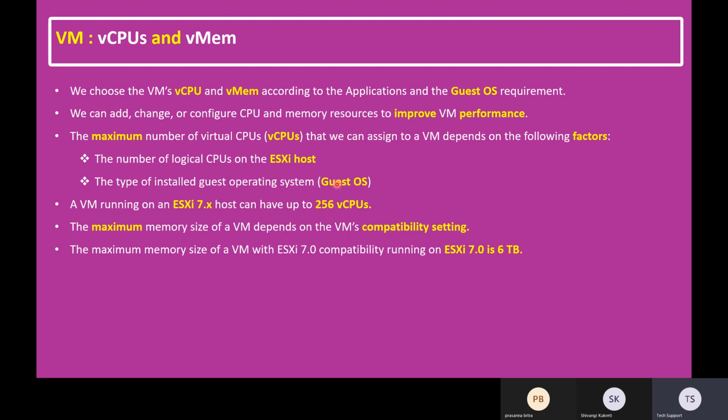A virtual machine running on an ESXi 7.x host, where x means update 1, update 2, update 3, can have up to 256 virtual CPUs, as per the configuration maximums. The maximum memory size depends on the VM compatibility setting; it was 6 TB, and now with the latest version it is supported up to 24 TB. So this is about virtual CPU and virtual memory.